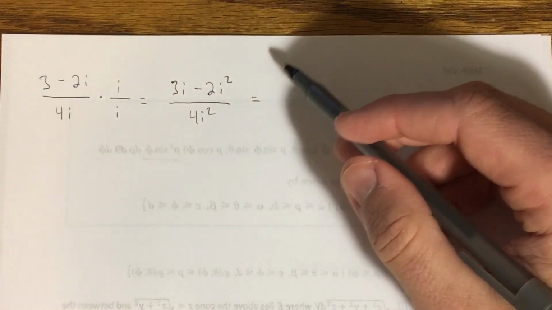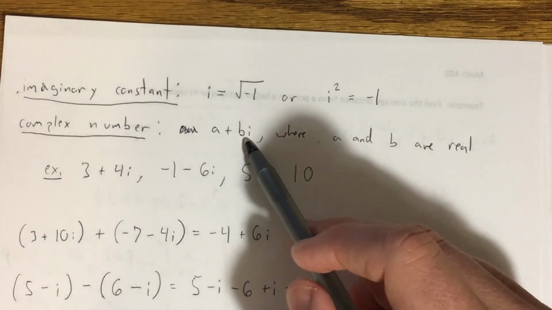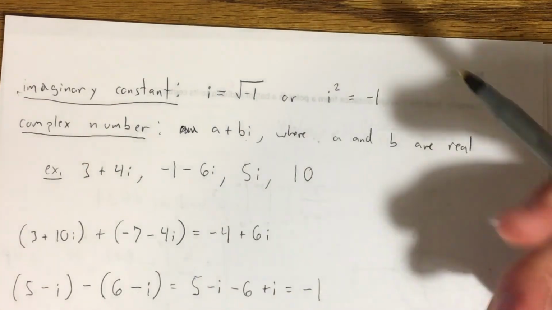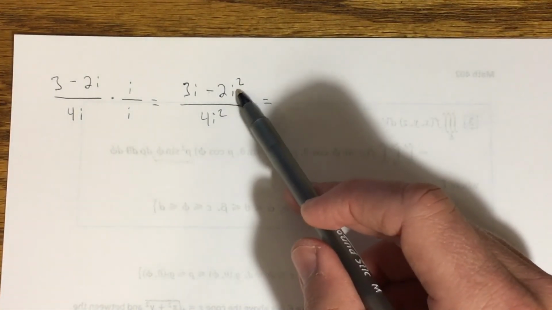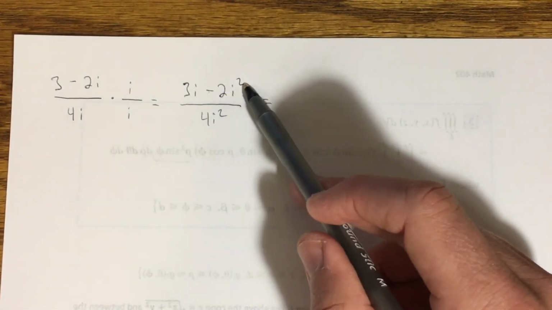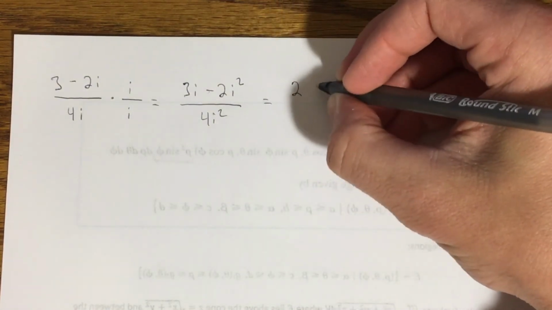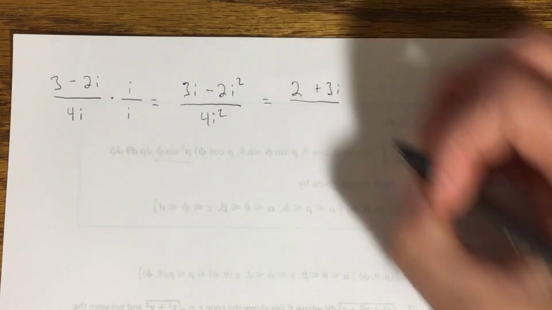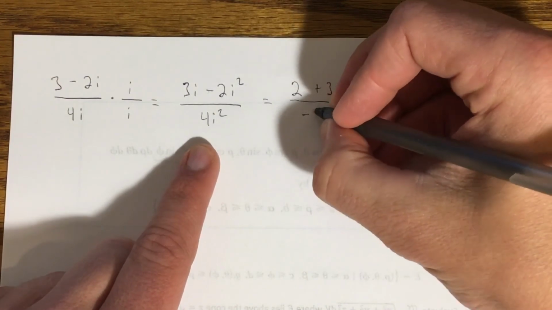In the definition of a complex number, this is just a matter of convention. A plus bi, the real part always comes first, followed by the imaginary part. So I'm going to try and keep that convention. As soon as I do the math on this, negative 2i squared is going to become positive 2, but I'm going to put that first. So it becomes 2 plus 3i up on top over, i squared is negative 1, so 4i squared will become negative 4.